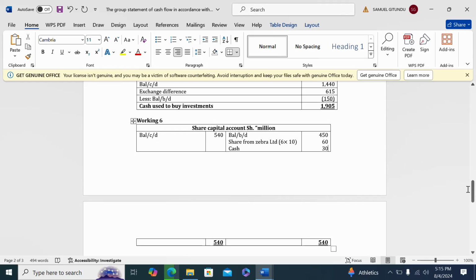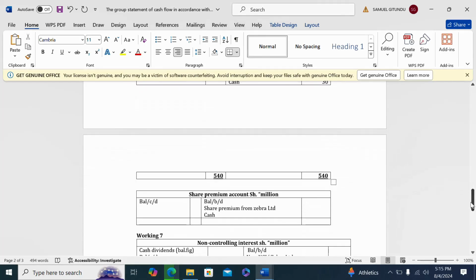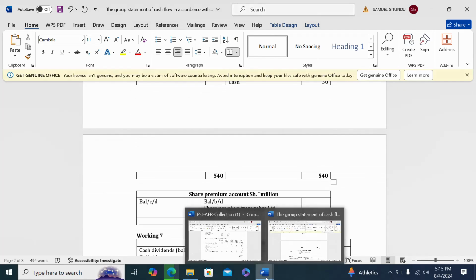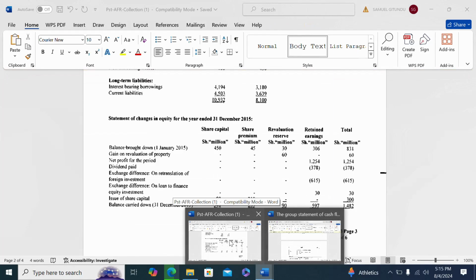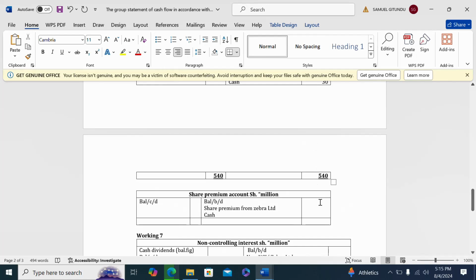Then we go to the share premium account. What was the balance brought down of the share premium? The balance brought down of the share premium is 45. So we put 45 here. Then the share premium from Zebra: the shares that were issued were 6 million and they were issued at a price of 40.